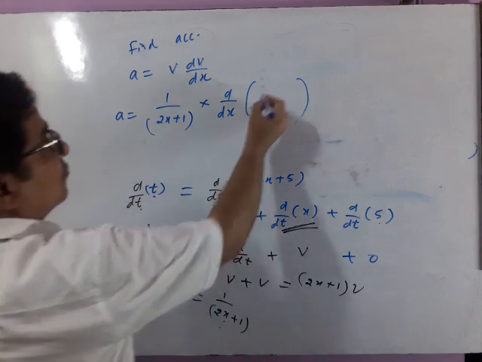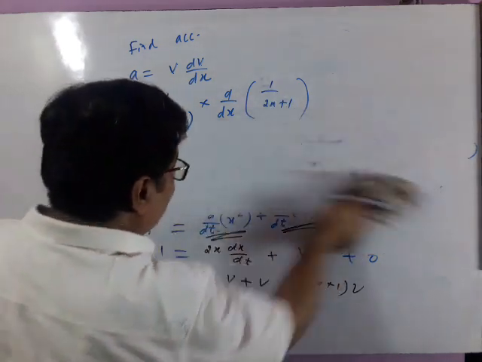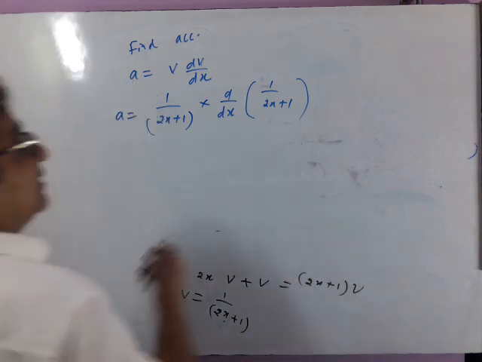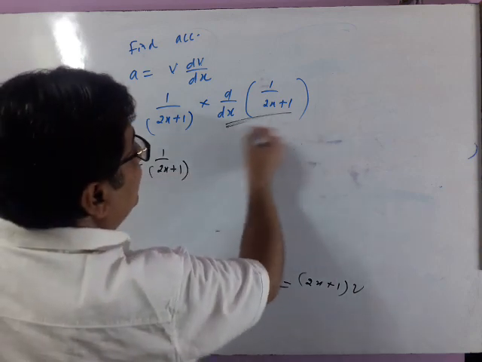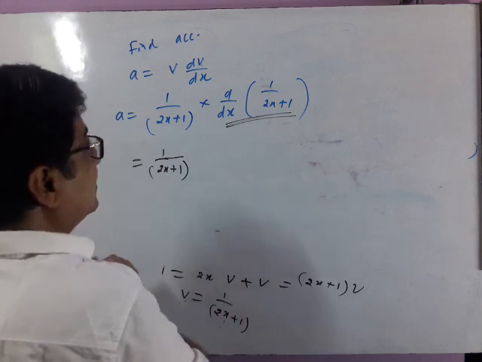This is v, 1 upon 2x plus 1. So what will be the answer for acceleration? See it separately. Again you will have to apply chain rule. Focus 100%. Breathe in.